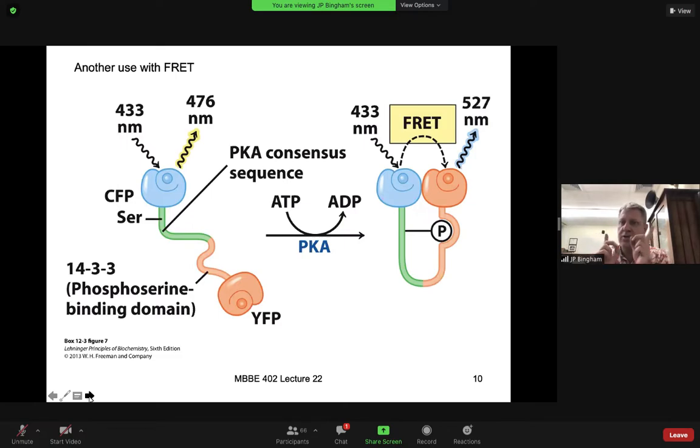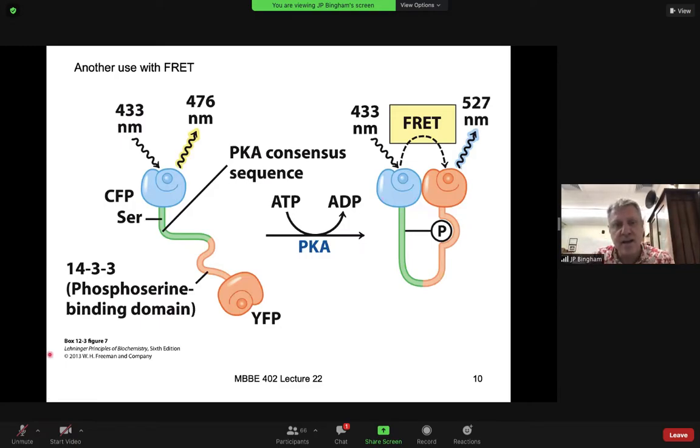When they do their folding and come in close proximity, we can determine whether they are folded correctly or in close proximity to each other. We talk about this later on in the phosphoserine binding domains. In this case, we have two sticky ends of the fluorescent proteins, which are not going to cause FRET until they're in close proximity to each other.